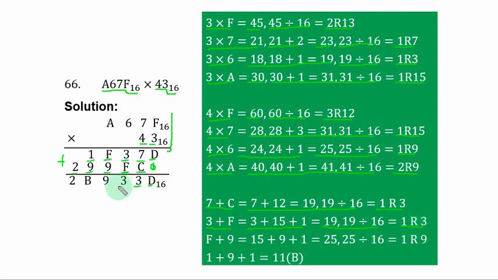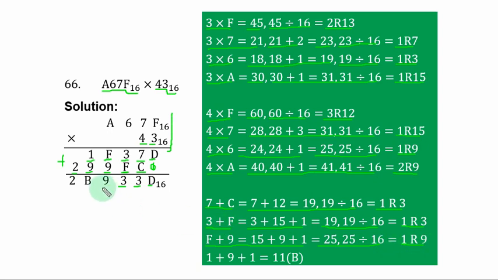You record 3 and you take 1 to the fourth column, where you have F plus 9, that is equal to 15 plus 9, plus the 1 you carried forward, that is 25. Divide it by 16, you have 1 remainder 9.